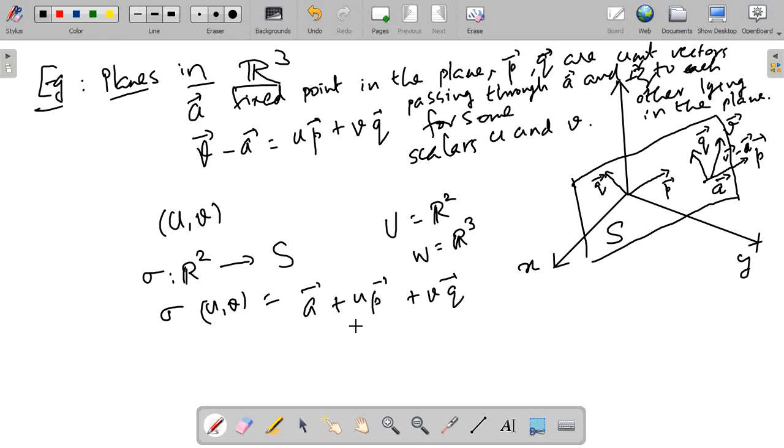So the scalars u1 minus u2 must be equal to 0 and v2 minus v1 must be equal to 0. That means u1 equal to u2 and v1 equal to v2. Therefore sigma is injective.